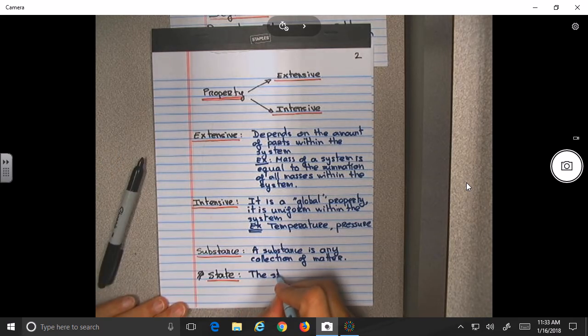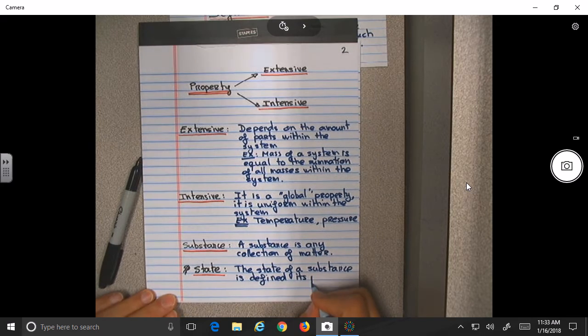The state of a substance is defined by its properties.